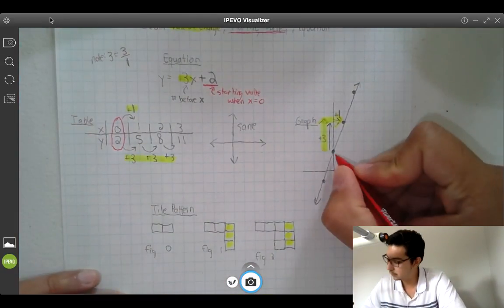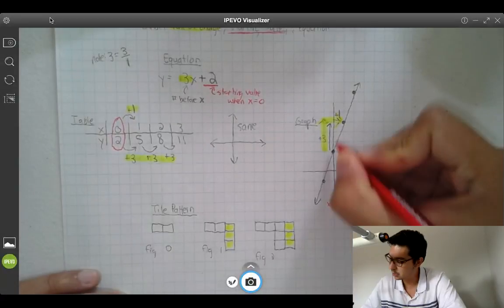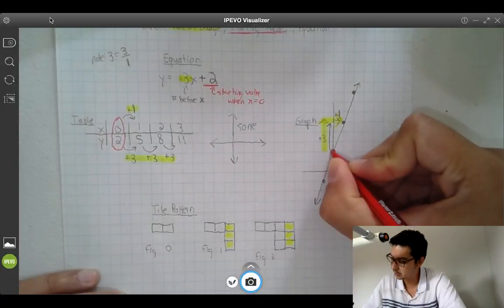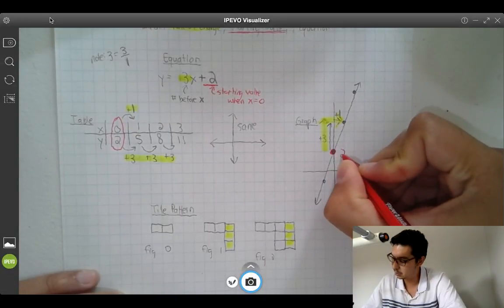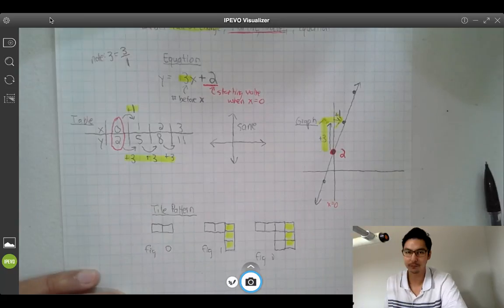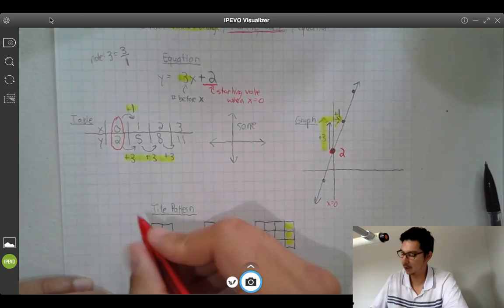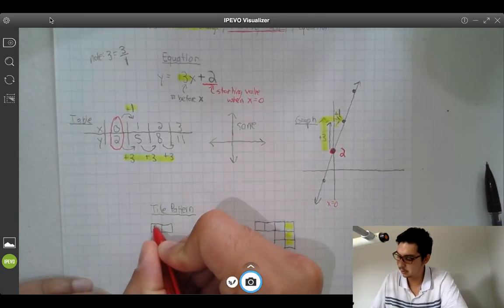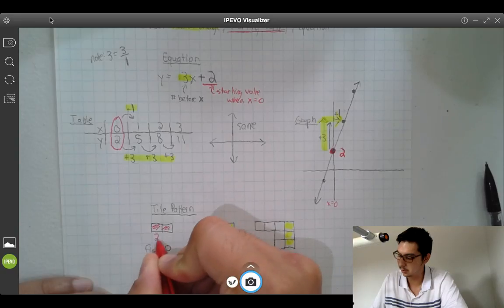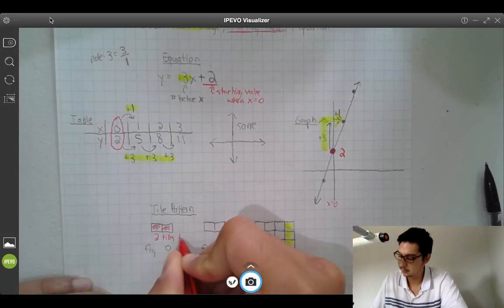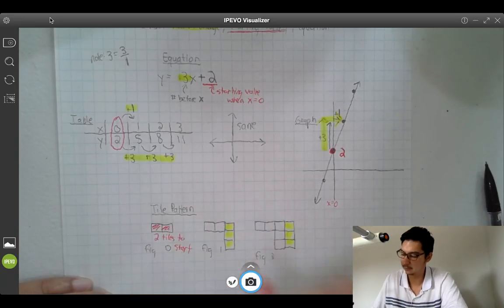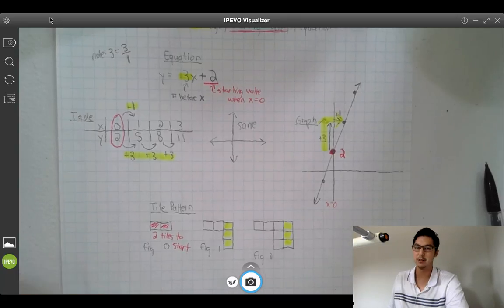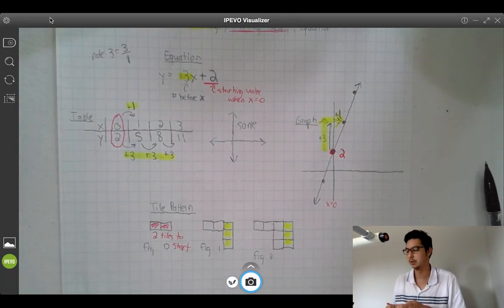On a graph, you see it where the point is on this line, right there: 2 on the graph. And in figure 0, notice that there are 2 tiles to start.